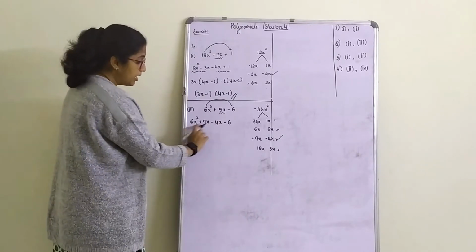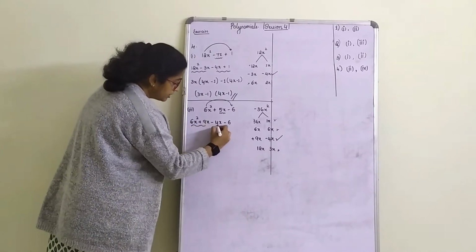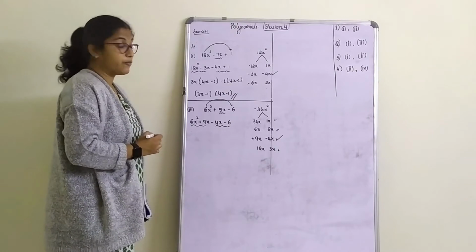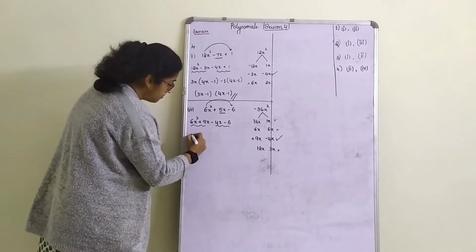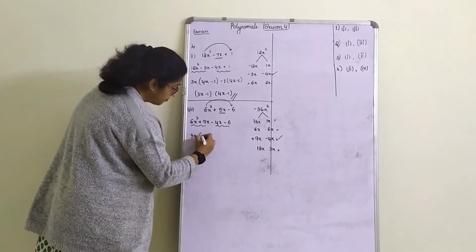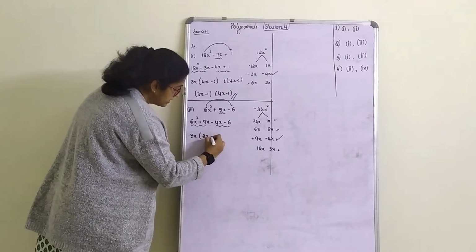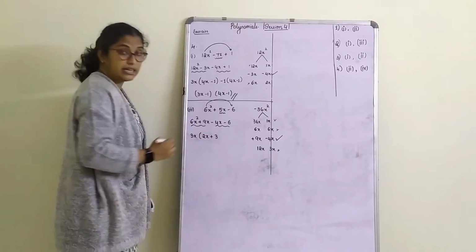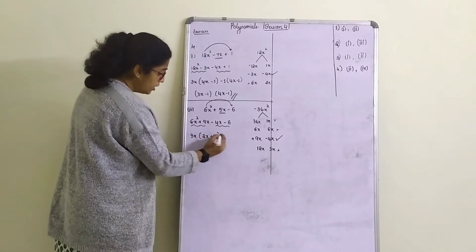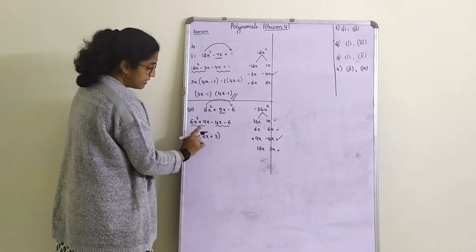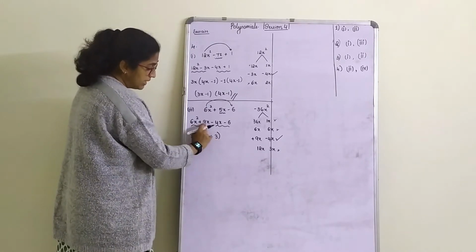We have done. Let's take common between these two. Between 6x square and 9x, what is common? 3x is common. 3 2s are 6, plus 3 3s are 9. 3x into 2x is 6x square, 3x into 3 is 9x.